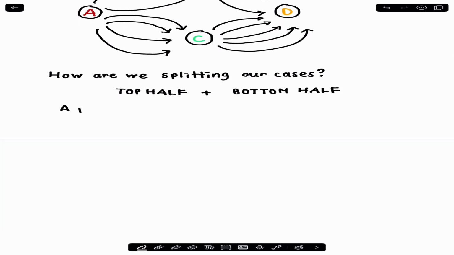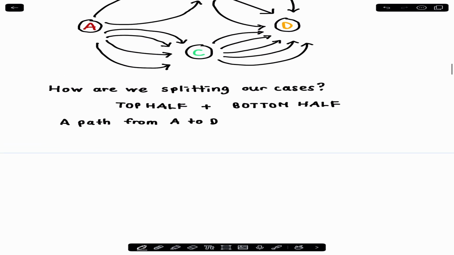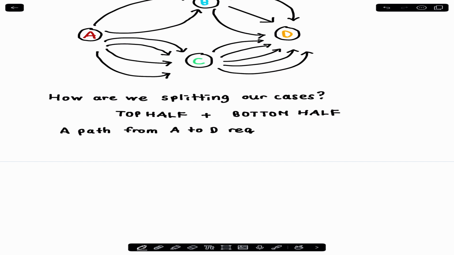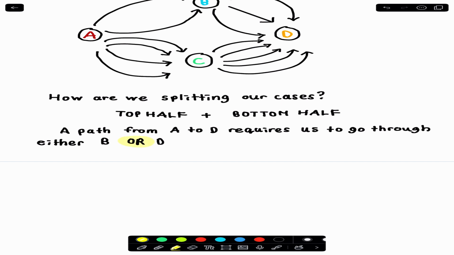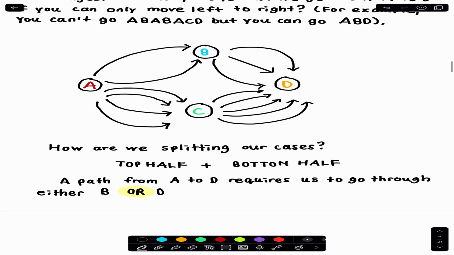And that's because a path from A to D requires us to go through either point B or point C. And I'm going to emphasize this or portion because it's very important that it's either one or the other, but it cannot be both.